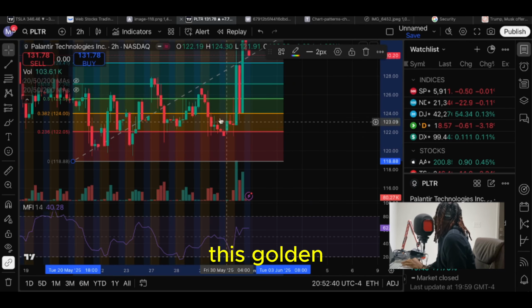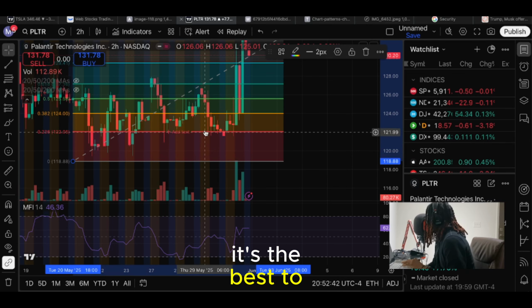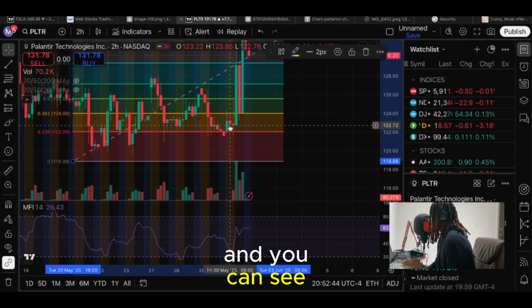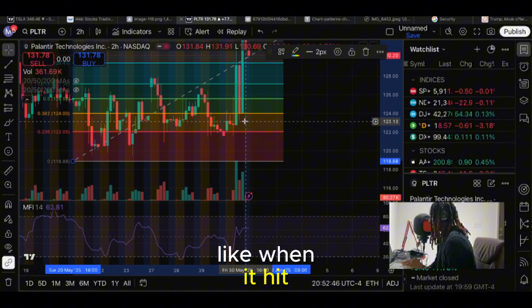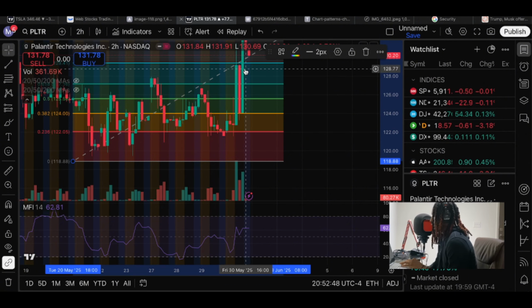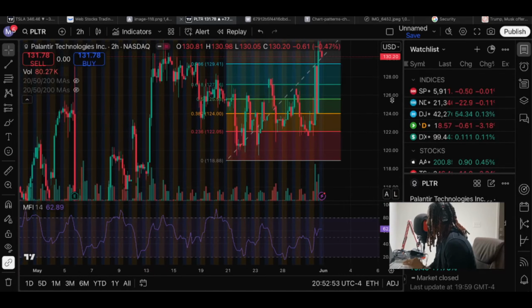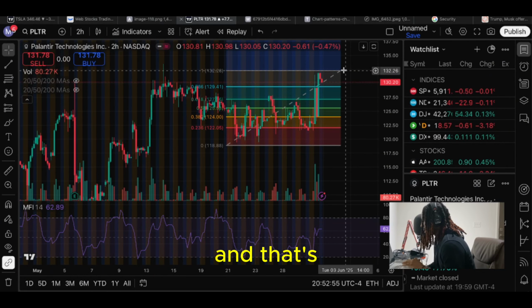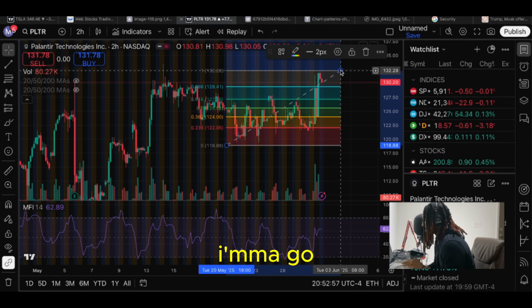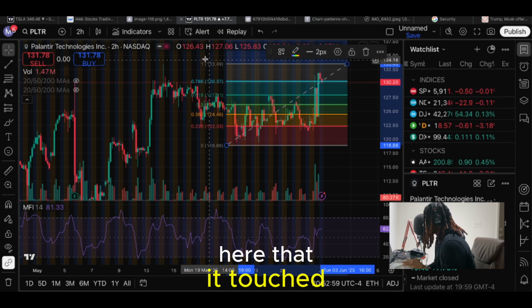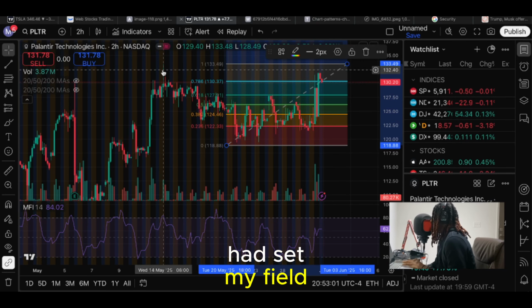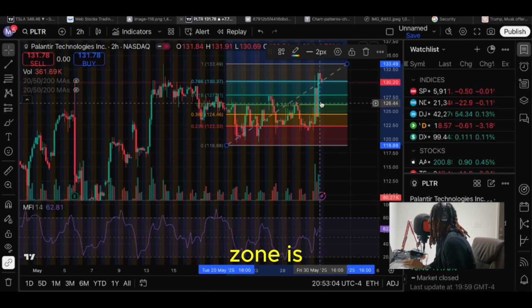This golden zone is basically the zone where it's the best to buy in at. You feel me? And you can see, when it hit this zone right here, it ended up taking off crazy. And that's even based off of this high right here that it touched, because that's where I had set my fib last time. And this golden zone is breaking out.